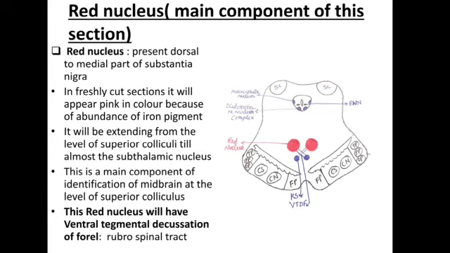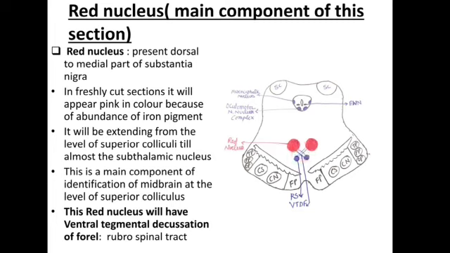It extends from the level of superior colliculi till almost the subthalamic nucleus level. This is the main component of identification of midbrain at the level of superior colliculus. This is red nucleus.